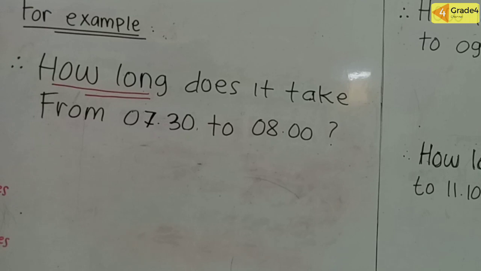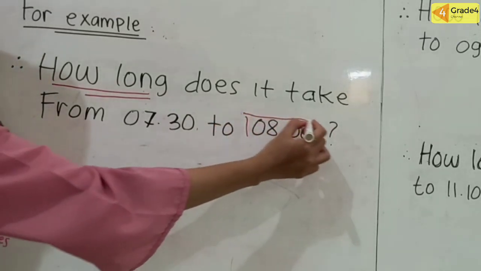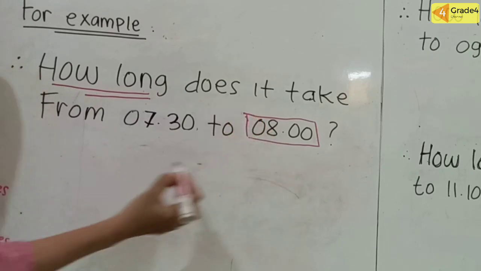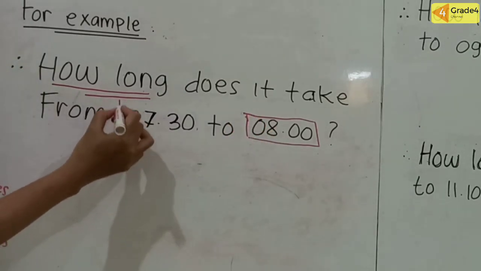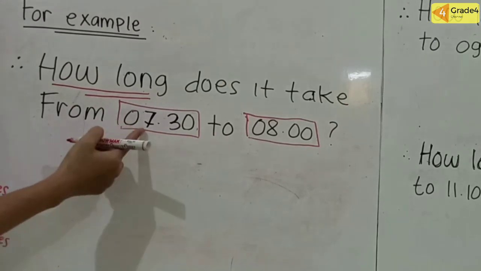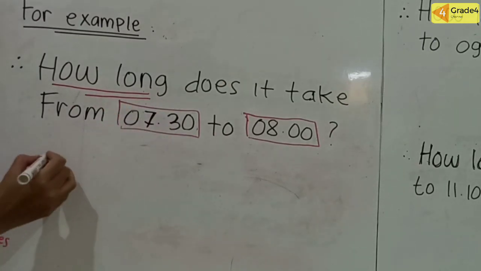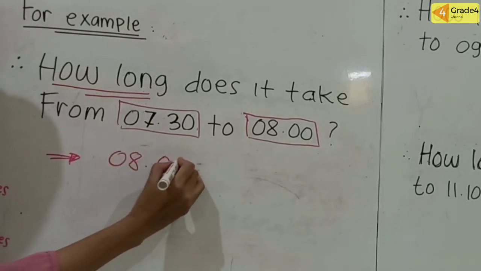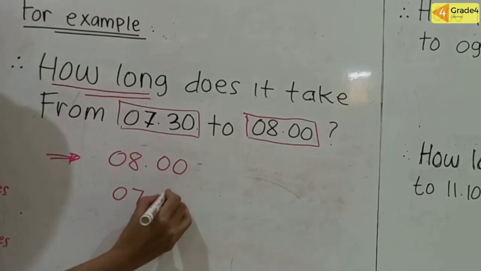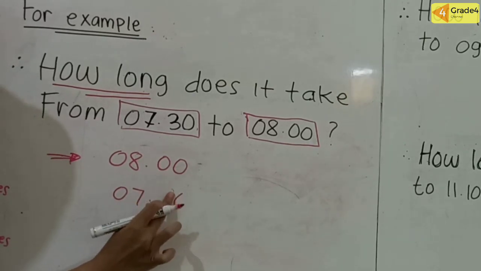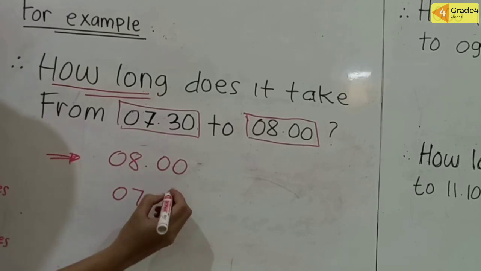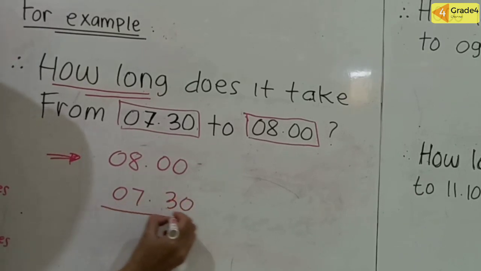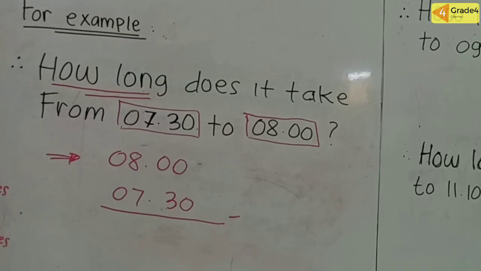From the question, that is how long, so we can calculate by subtracting the first time from the last time: 8.00 minus 7.30. So we can calculate like this.